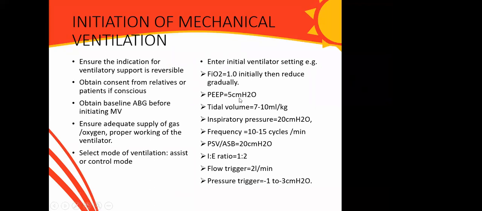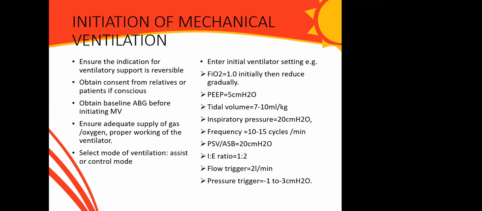All right, you start with that, and sometimes you may want to do therapeutic PEEP, which is PEEP between 10 to 20 centimeters of water. Tidal volume between 7 to 10, except you are doing low tidal volume ventilation where you can have 6 to 8 ml per kg.